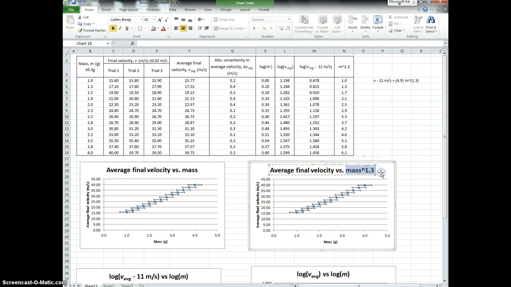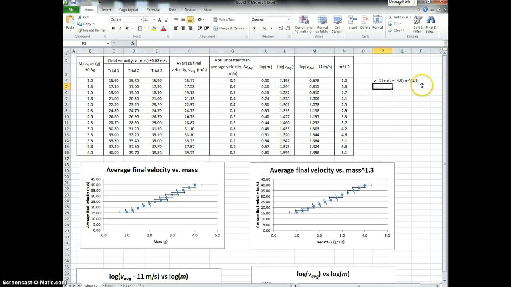So I copy this over. And my units here are grams to the 1.3, right? Grams to the 1.3 power. Which means, what are the units for 4.9, this constant k?